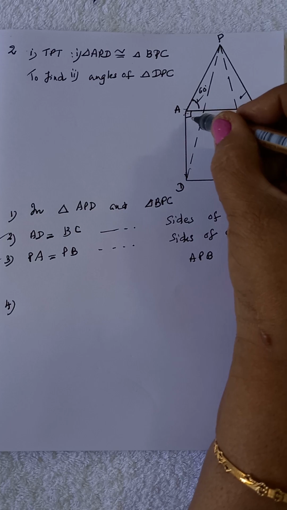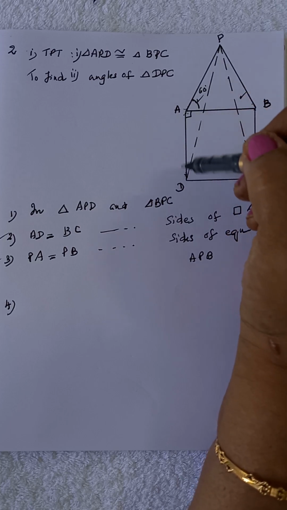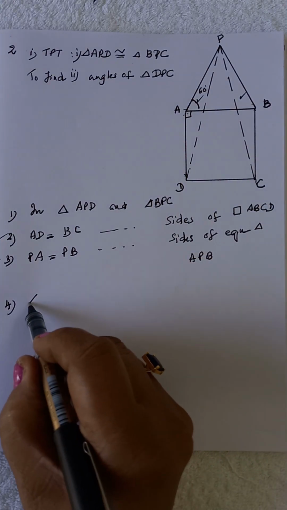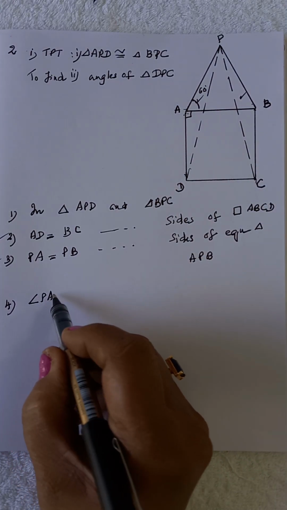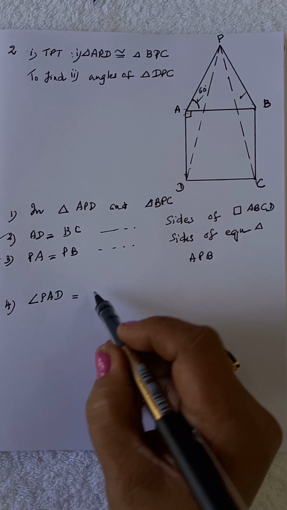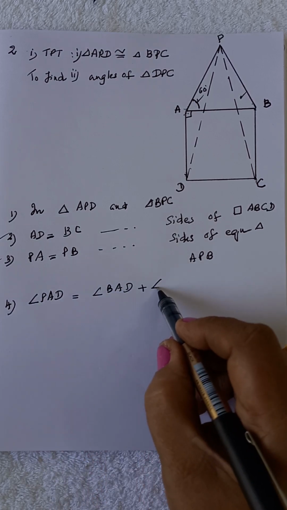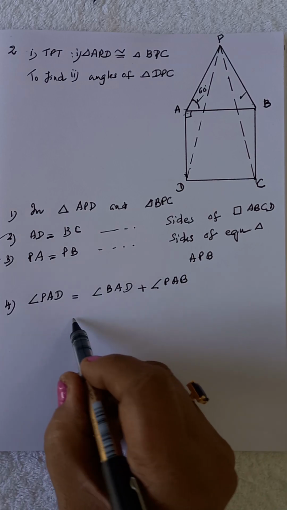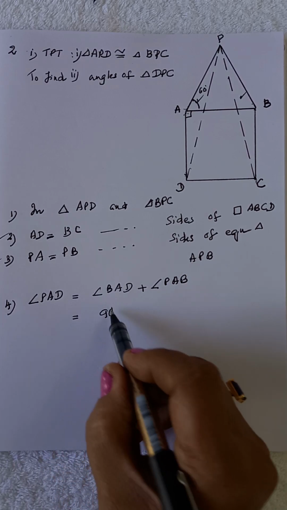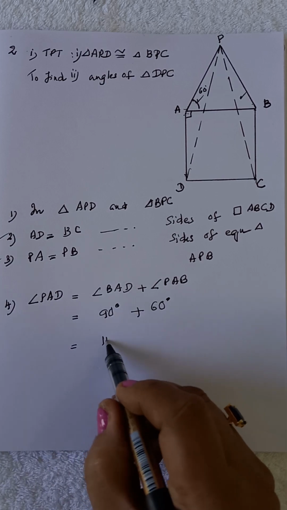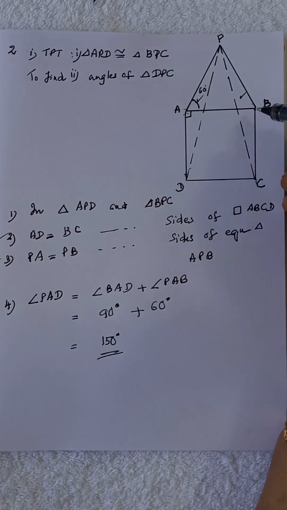So here total angle PAD is equal to 90 plus 60. So we can write angle PAD is equal to angle BAD plus angle PAB, that is equal to 90 degree plus 60 degree, that is equal to 150 degree. Here in this case also angle ABC plus angle PBA.